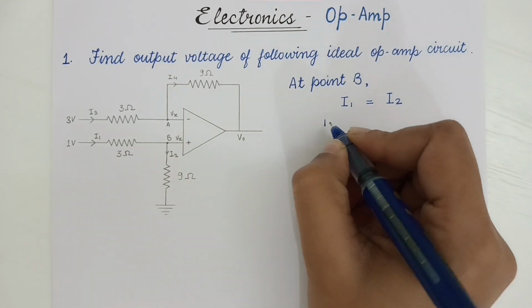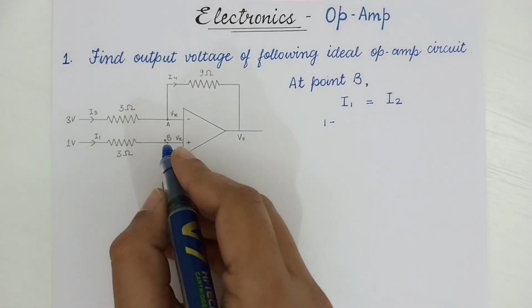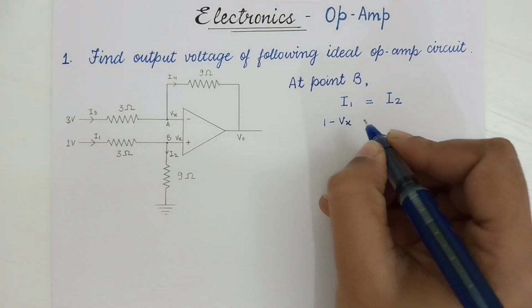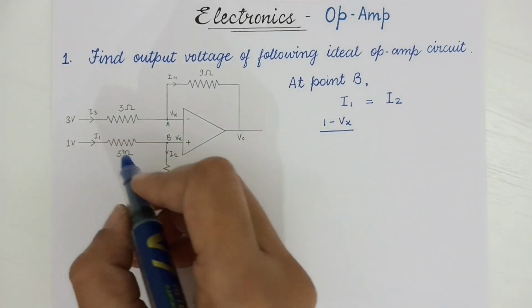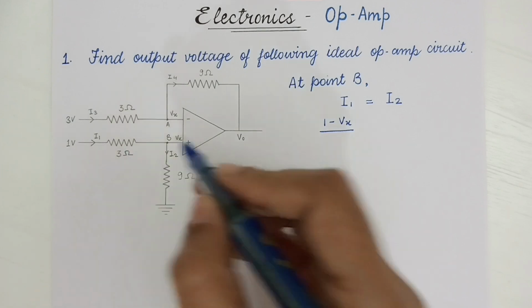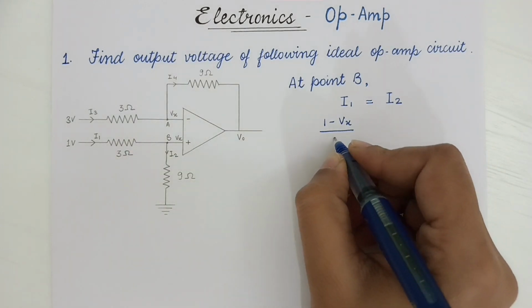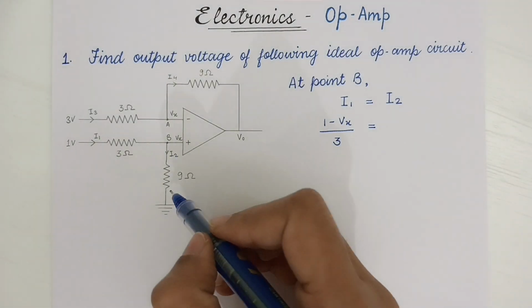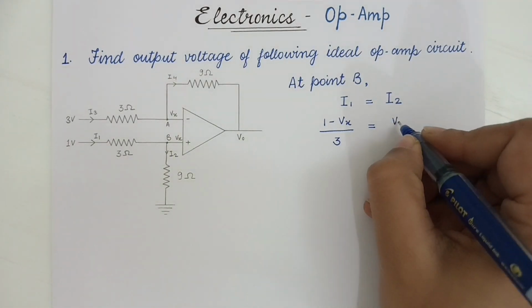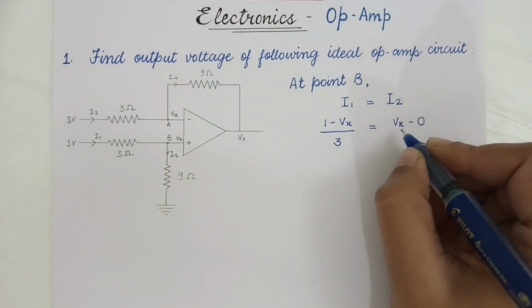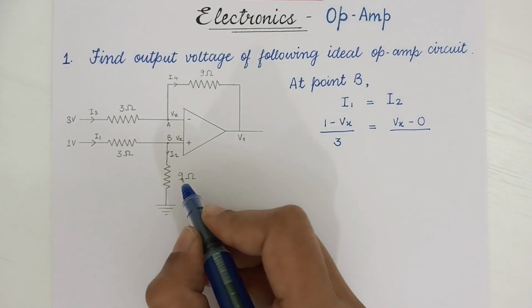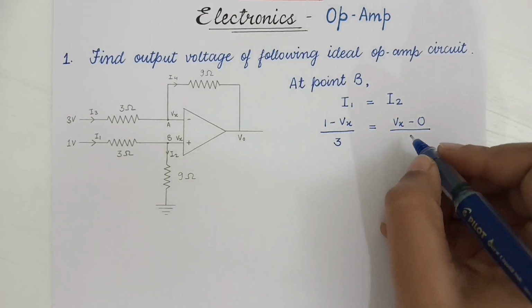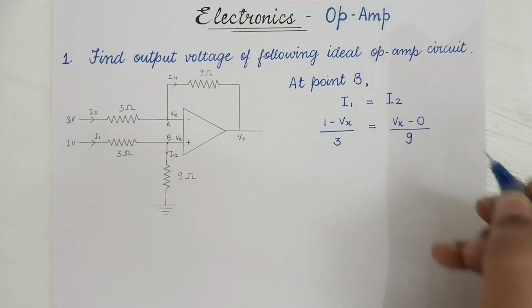So (1 minus Vx) upon the resistance here, which is 3 ohm. So we will write 3 is equal to (Vx minus 0) for I2 upon, here the resistance is 9. So we'll write 9.